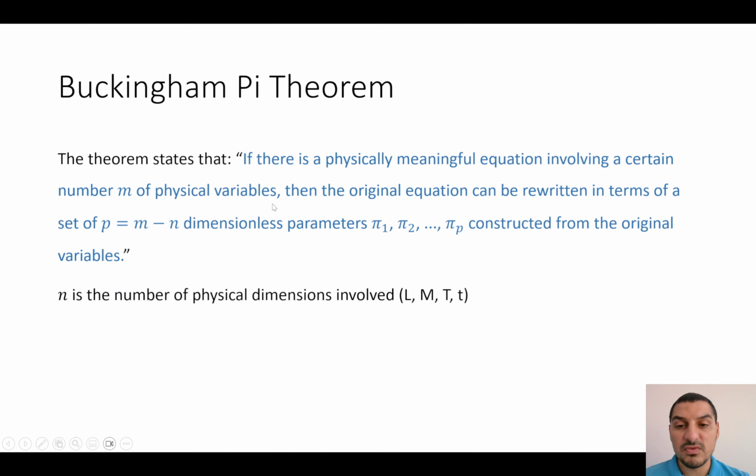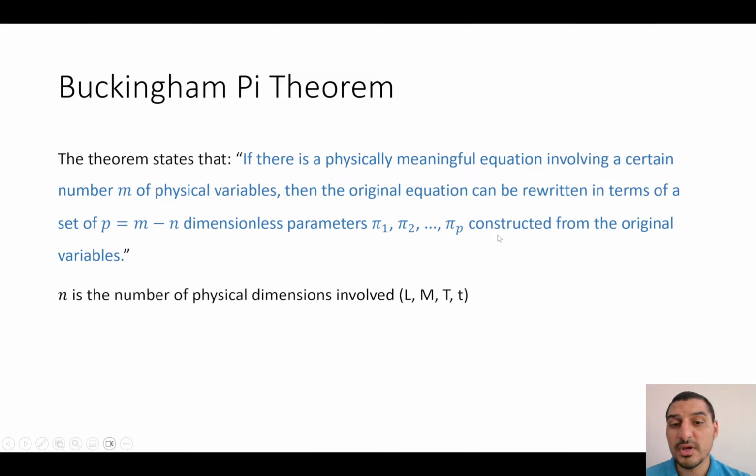So this is the number of variables we have, including the variable that we are interested in, and the parameters affecting this variable. Then the original equation, which is written as a function of each one of these parameters separately, can be rewritten in terms of dimensionless parameters that we call pi 1, pi 2, and pi 3 until pi number p.